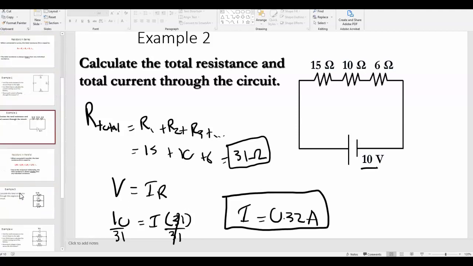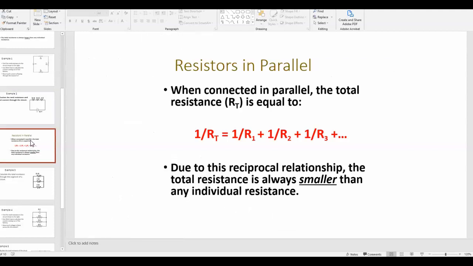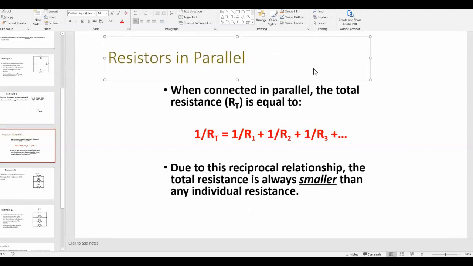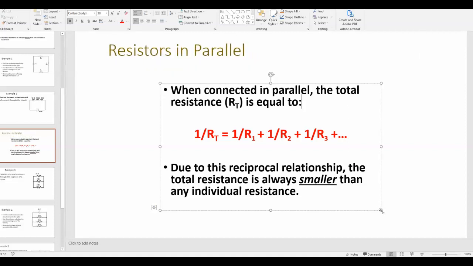Okay, so doing problems with series circuits is way easier than doing problems with parallel circuits. So now let's take a look at the equation for parallel circuits. When you have resistors in parallel, the equation for finding the total resistance becomes more complicated. So here's what this equation looks like.